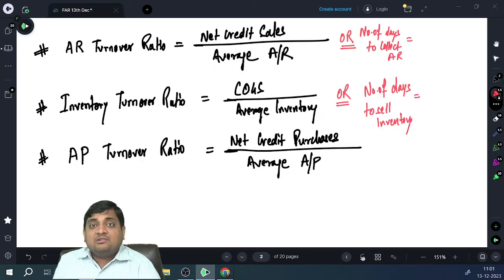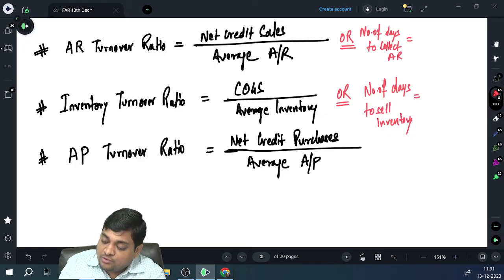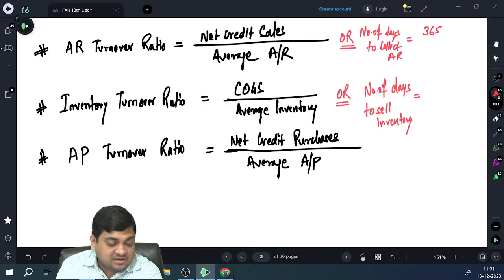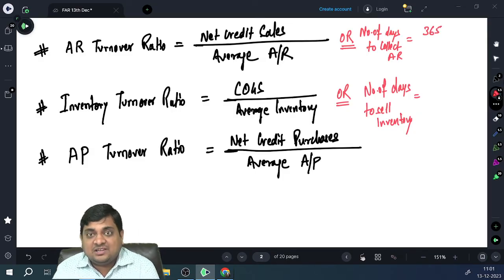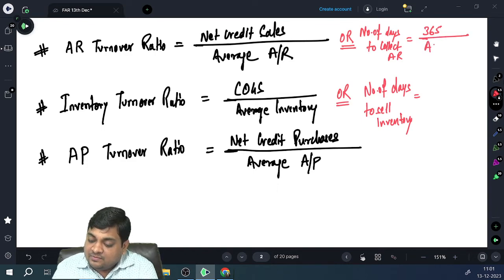So if they ask you in terms of days, then what you are going to do is 365, or whatever, 360 or 52 weeks, divided by accounts receivable turnover ratio.